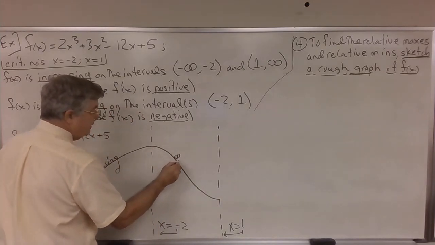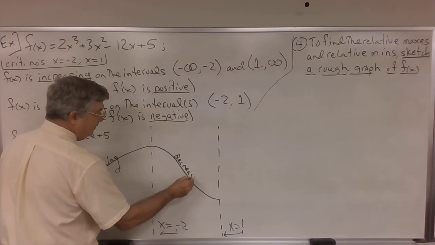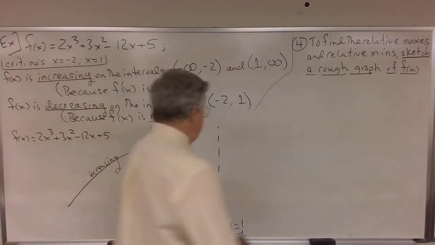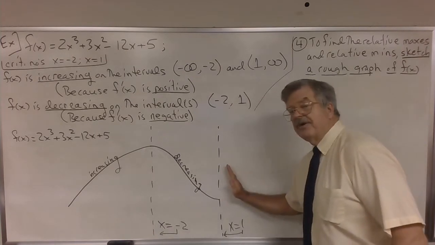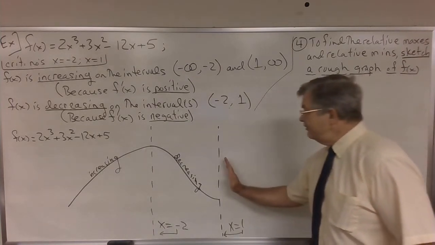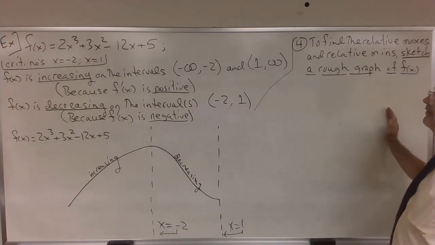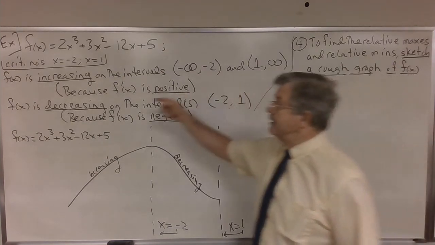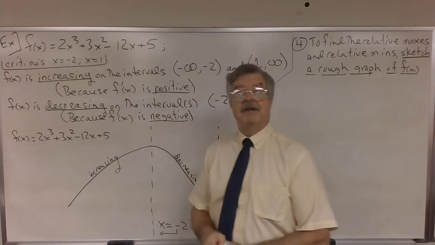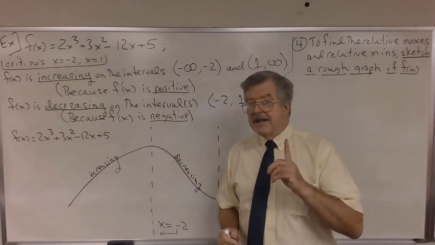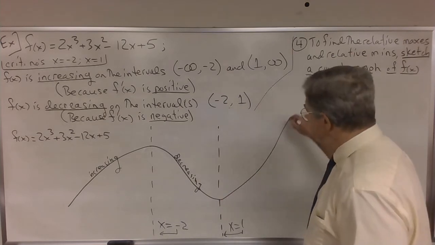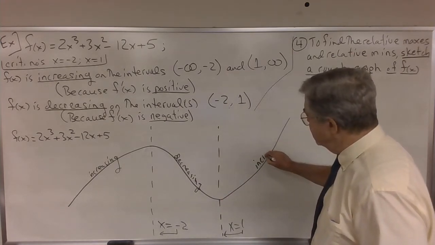And I'll write decreasing. And now over here, for x greater than 1, from x equal 1 to x equal infinity, what's my function doing? It's increasing again, isn't it? And an increasing function goes uphill. So here's my function increasing.